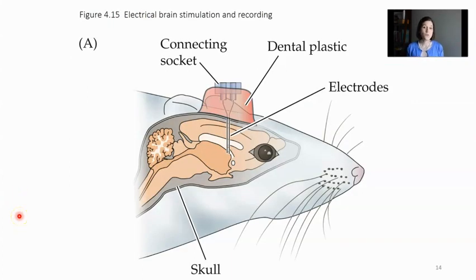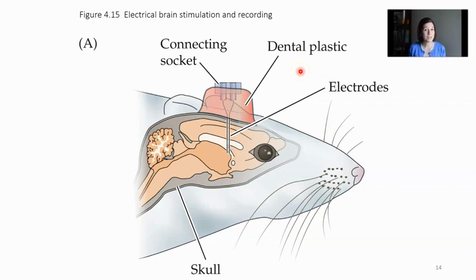Another thing we can do with stereotaxic techniques is implant electrodes in the brain. And so you see this diagrammed here for a rat, where the electrode here and the wires coming down have been implanted deep into the brain, and then they're cemented in place, usually with a dental acrylic. And this allows us to do two things.